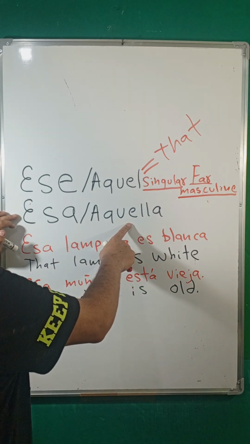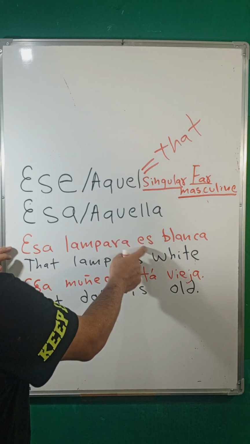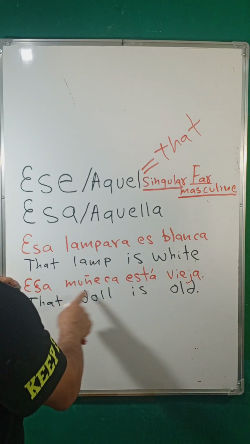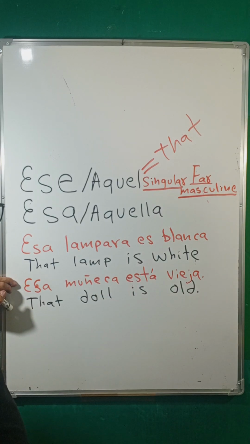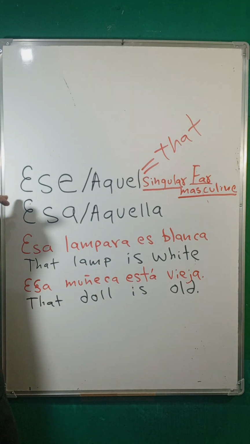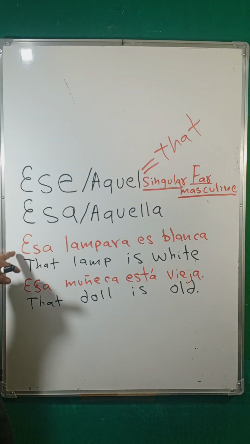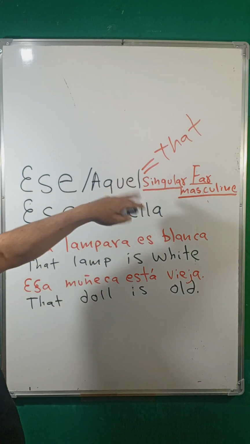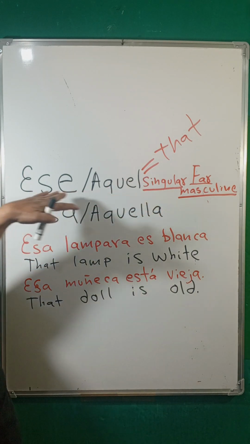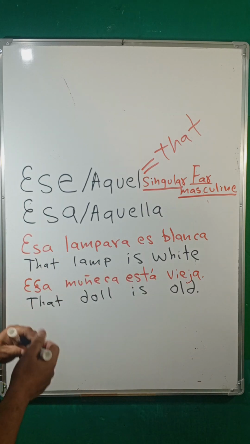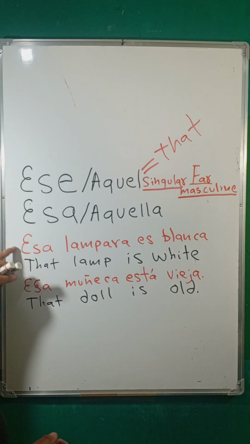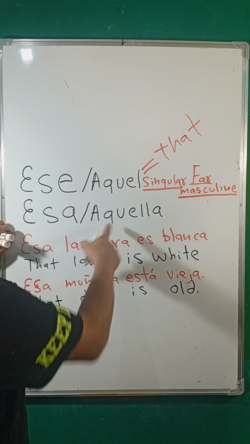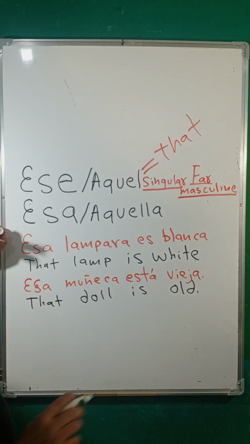Esa, aquella is for feminine. Lamp is feminine, and muñeca is feminine too. So let's write the examples for ese or aquel, which is also singular. I'm so sorry, guys. I wrote the examples for esa and aquella, which is the same.